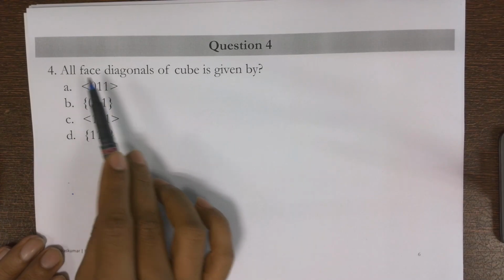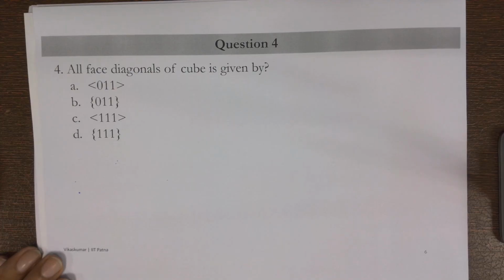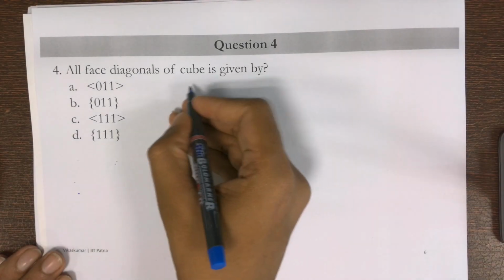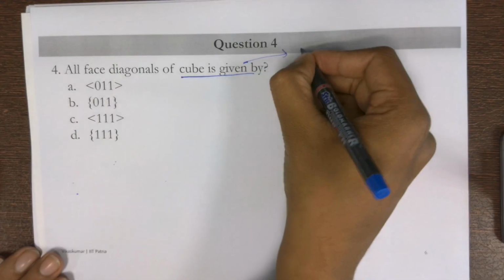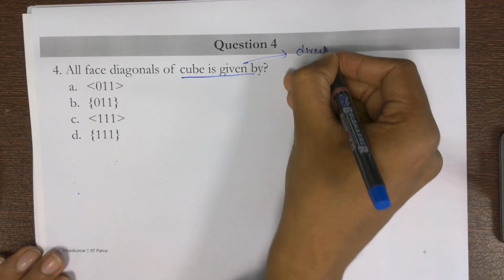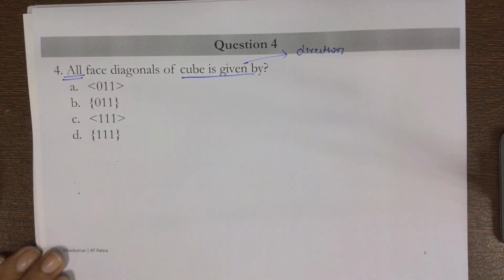The question says, all face diagonals of the cube are given by. Face diagonals of the cube, first of all, are directions. Next part is that all of them.